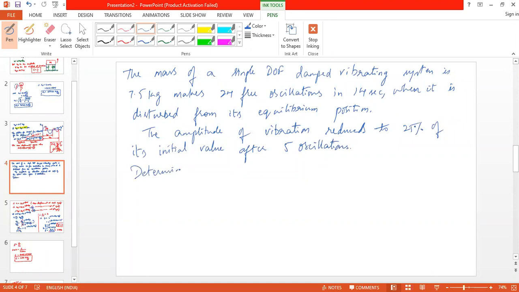Determine: number 1, stiffness of spring; number 2, logarithmic decrement; number 3, damping factor.